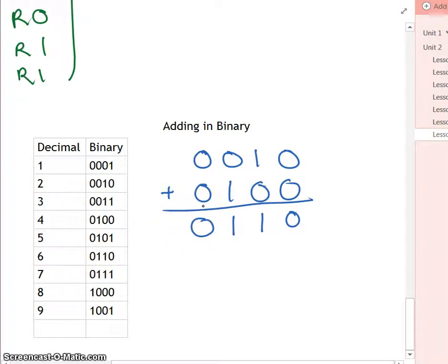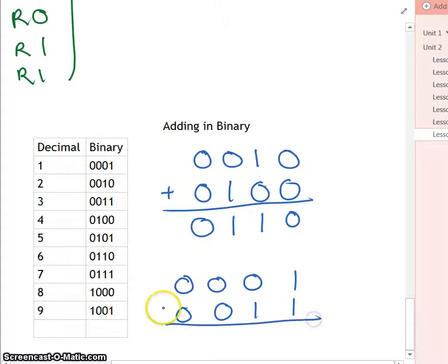Now, say you wanted to add 1 to 3. So you do 0001 plus 0011. All right, 1 plus 3 should give us 4. So look at what 4 is. We need to get that from this. So 1 plus 1, this is exactly like adding 9 plus 1, you do a 0 and you carry the 1.